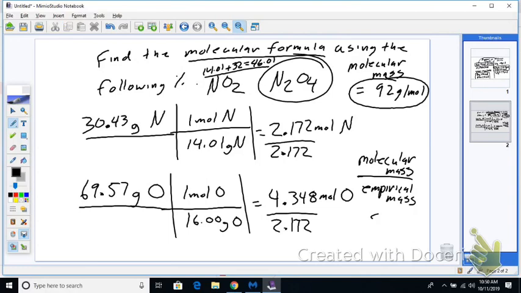When we do that, we take 92, which is the molecular mass, I'm giving you what that is, and I divide by the empirical mass, which is 46. It goes into it twice. It'll always give you a whole number. When you do that step, you'll always get a whole number that will tell you how many times bigger your formula has to be. So if it's a 2, then you multiply your subscripts by 2.